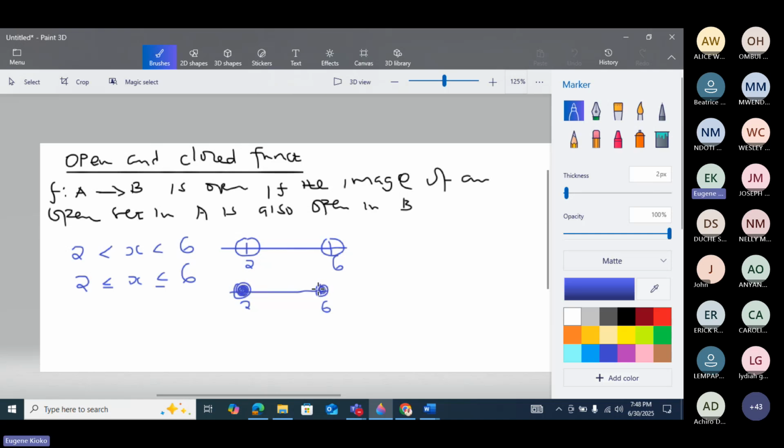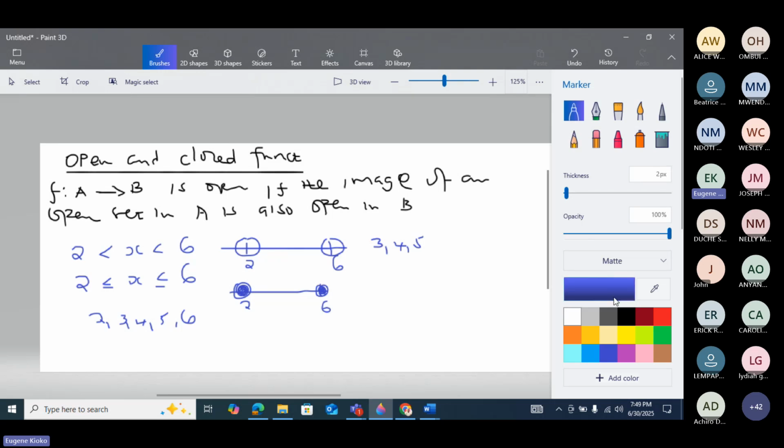Why do we shade? Because the values form part of the set. Yes, we shade because the endpoints, the values, are included. If I ask you to list the integral values, you will start with 2, 3, 4, 5 and 6. But here if I ask you to list, you will start with 3, 4, 5. It will not include the boundary elements.